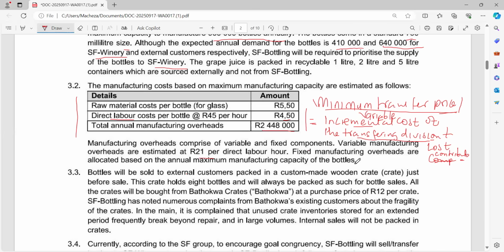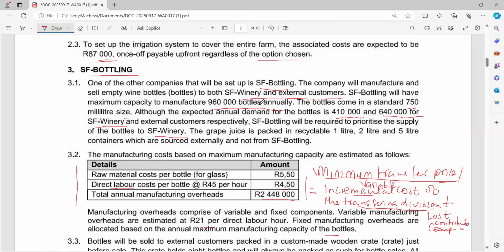Okay, so then they say fixed manufacturing overheads are allocated based on the annual maximum manufacturing capacity of the bottles. So when we allocate our fixed manufacturing overheads, we are going to allocate based on the annual maximum manufacturing capacity, which is here, the 960,000. You know how you allocate.